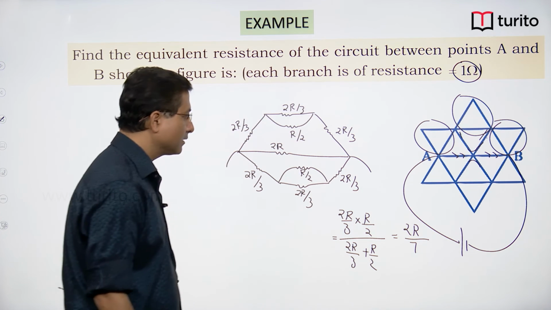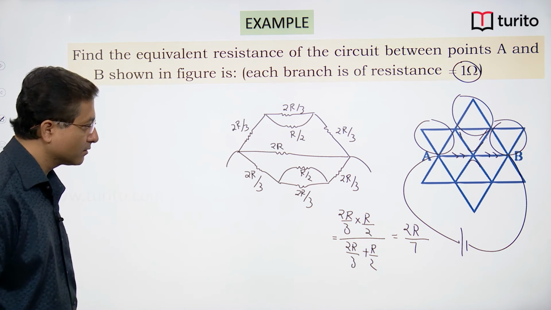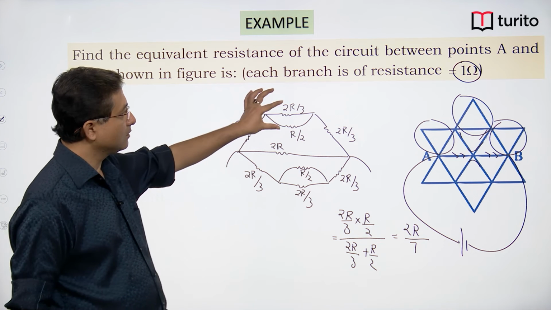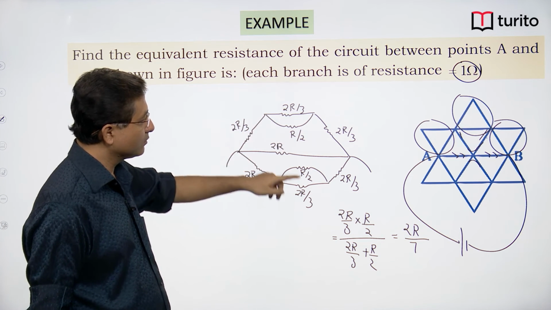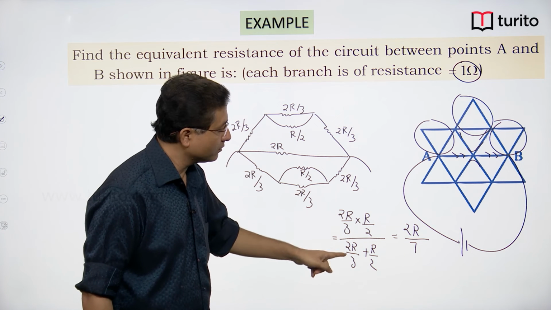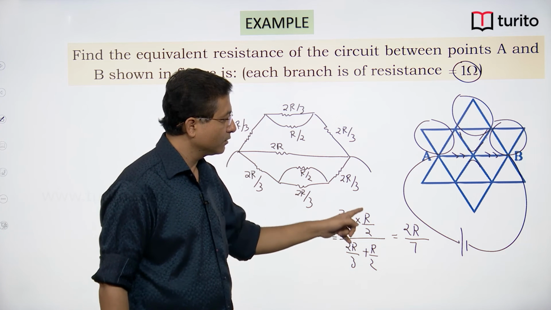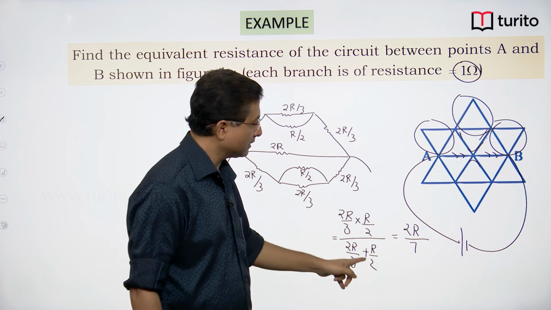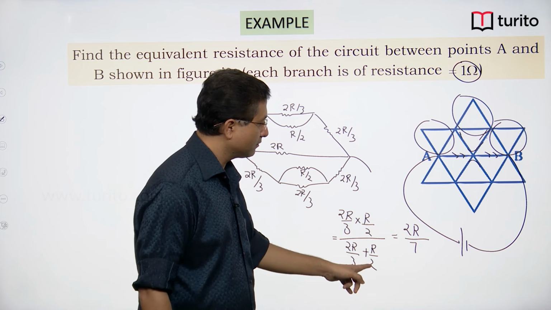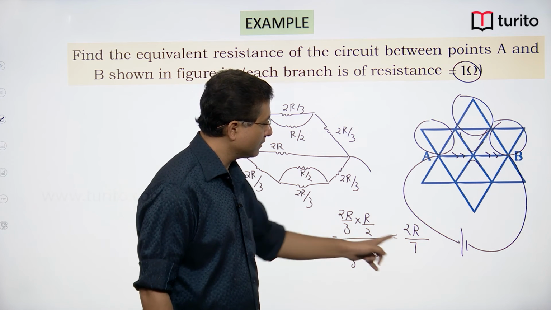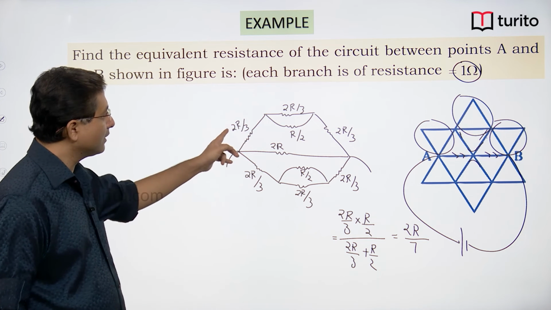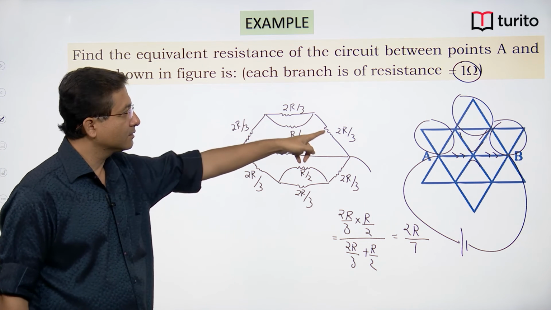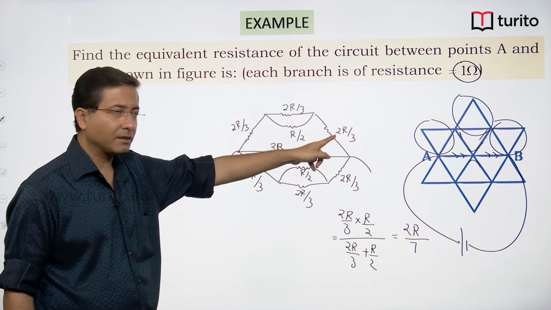So, 2R by 7, right. Only this part I am talking about. 2R by 3 and R by 2, they are in parallel. 2R by 3 into R by 2 divided by 2R by 3 plus R by 2. So, here 6 and 6 will get cancelled out. Here there will be 7, 4 plus 3, 7, and then in that I need to add in series, this will become 4R by 3.